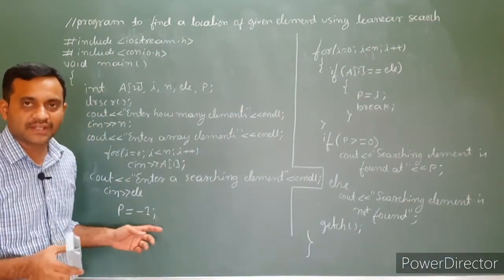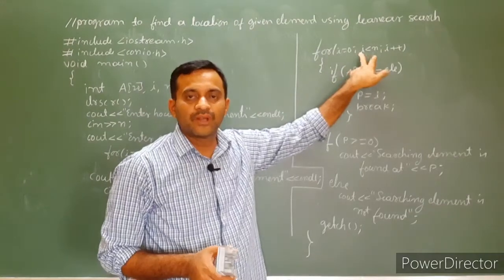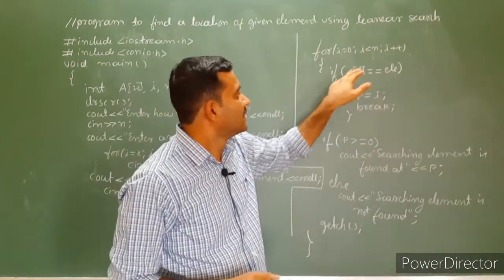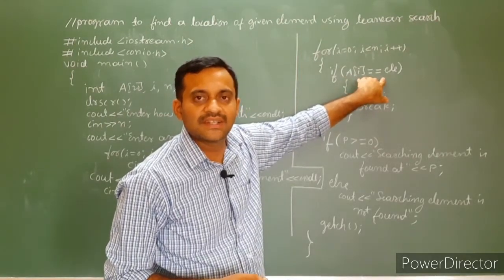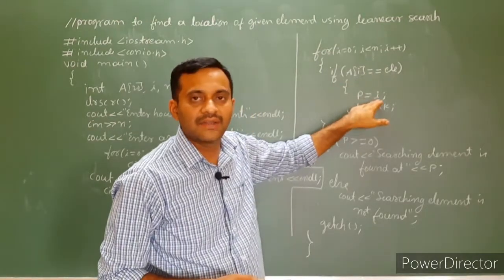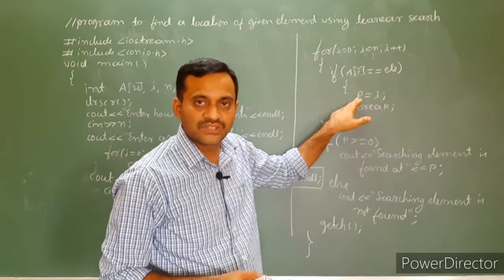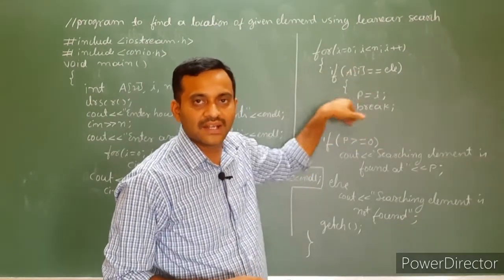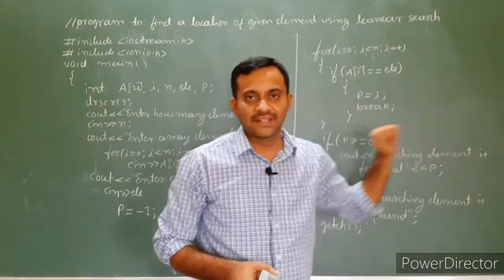After that, read the array elements one by one, then compare the array elements with the searching element. If it is true, note down the position. The i value is the position in the array that is assigned to the position p. Then stop the iteration. Break is used to stop the iteration. If the element is found, it is not necessary to access the next element.